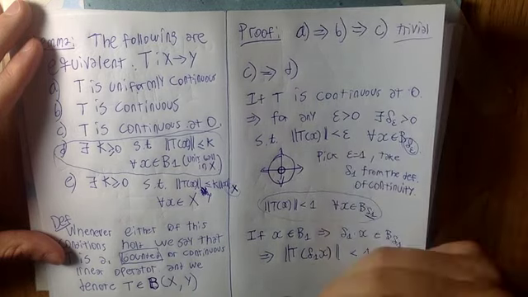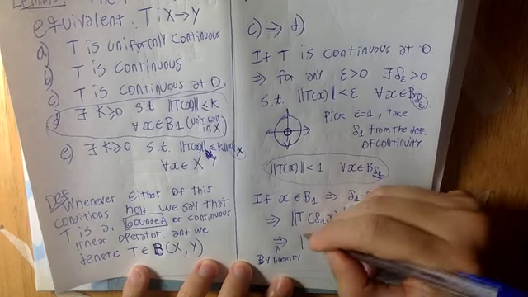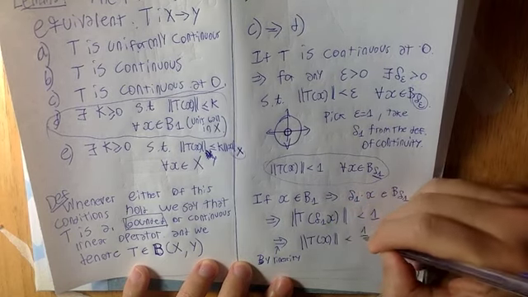So by linearity, we have that the norm of T of x is less than 1 over delta 1, and this is for every x in B1.